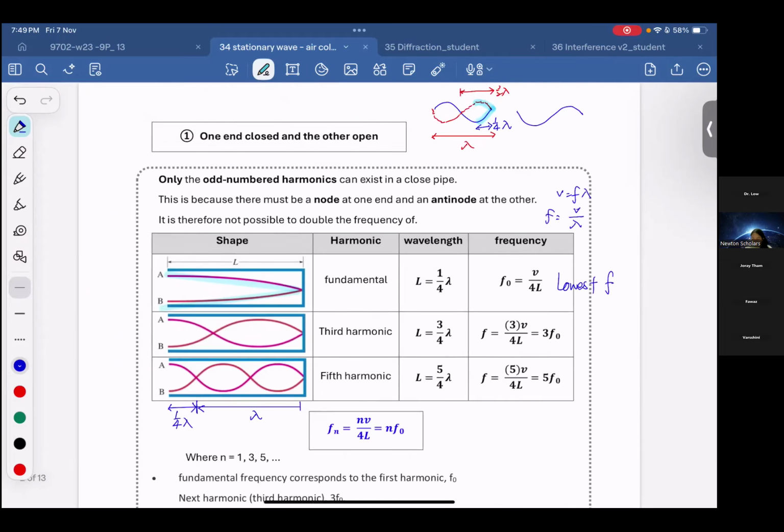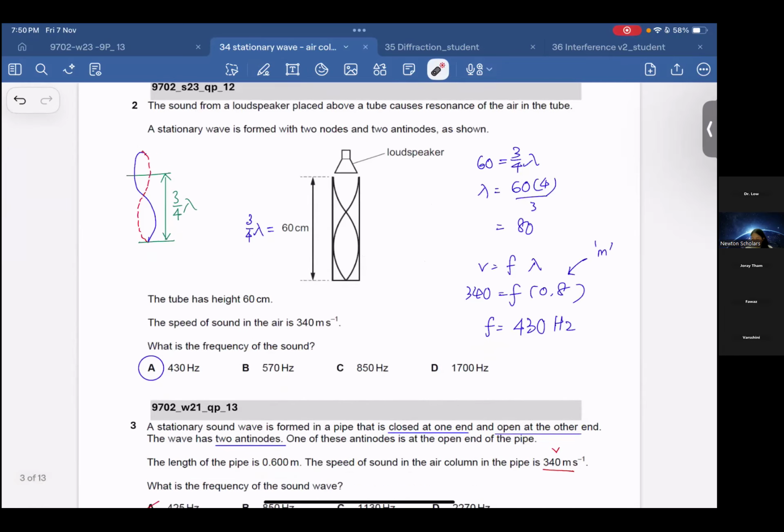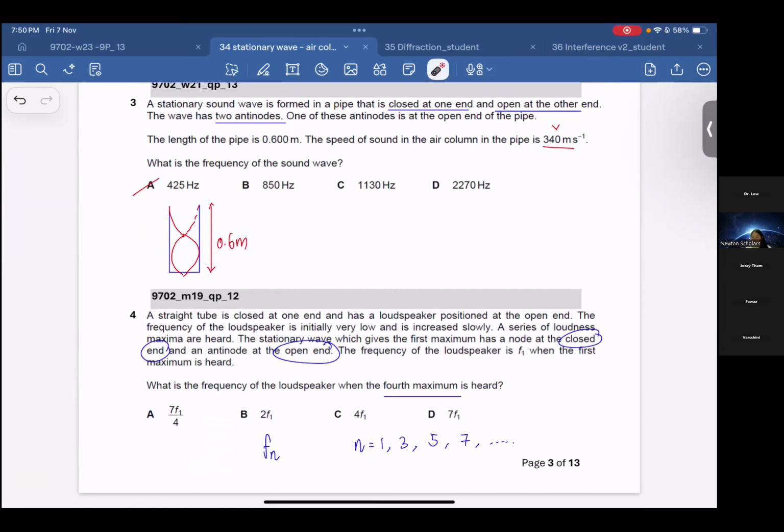For this case, only the 1st, 3rd, 5th harmonic frequencies can appear. So what is your answer? What is the frequency of the loudspeaker when the fourth maxima is heard? A, B, C, D. What do you think?